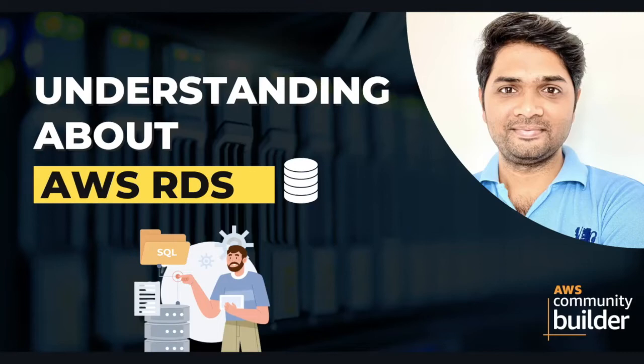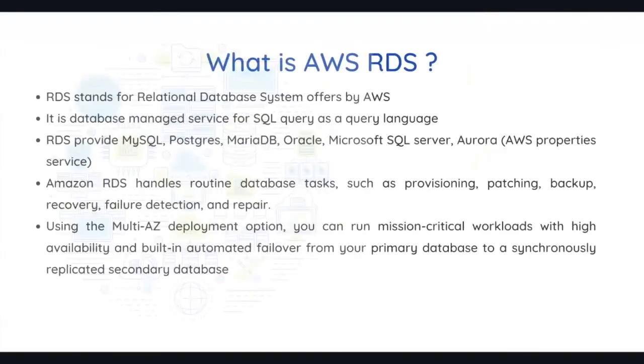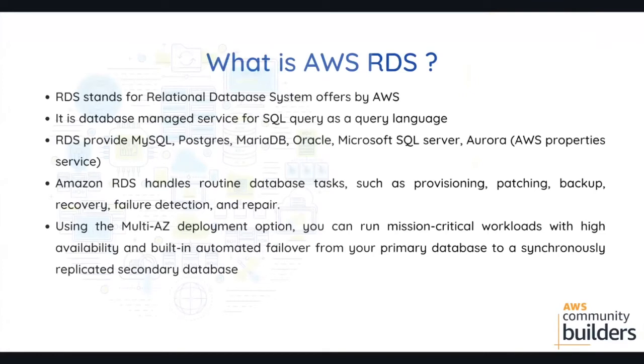Okay, so let me start with understanding what AWS RDS is. RDS actually stands for Relational Database Service. I think many of you are aware of relational database systems, right? Where we store data in tables, with records and fields. You have already heard about MySQL, Oracle, and PostgreSQL generally.